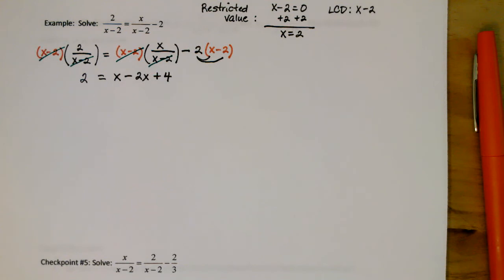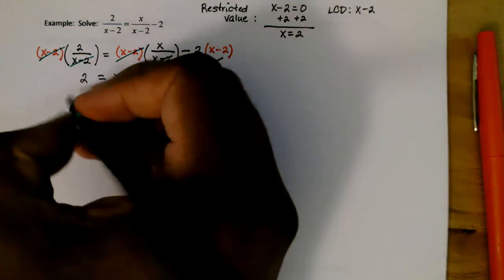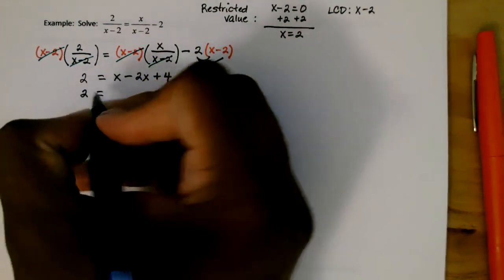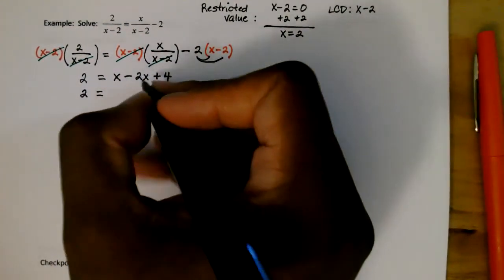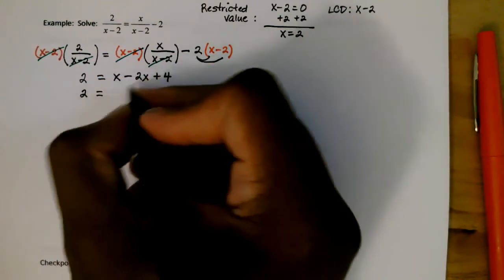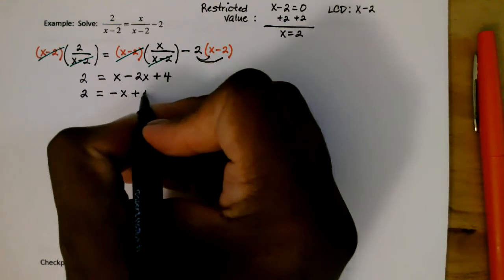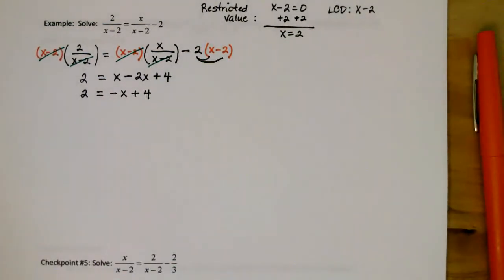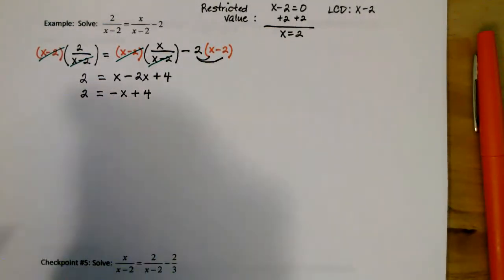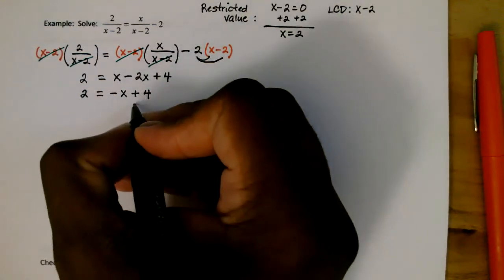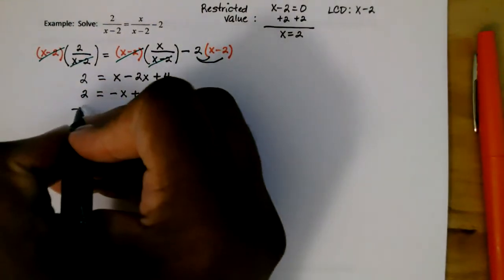And now I'm ready to simplify this. Bring this 2 down. Let's see, x minus 2x is like 1x minus 2x. That's going to be a negative 1x, or just minus x plus 4. And then to get negative x by itself, I need to subtract 4 on both sides.